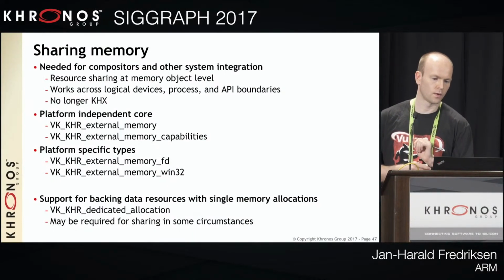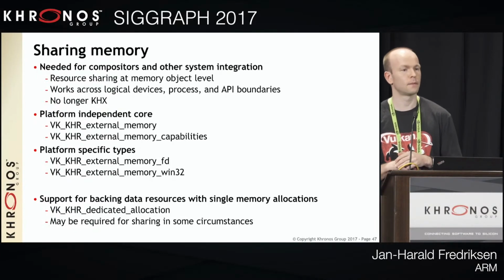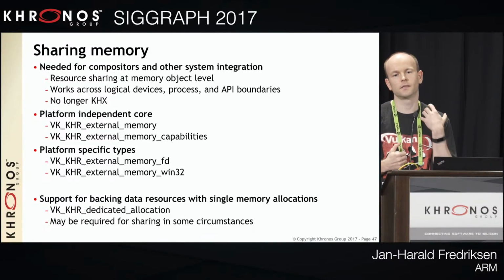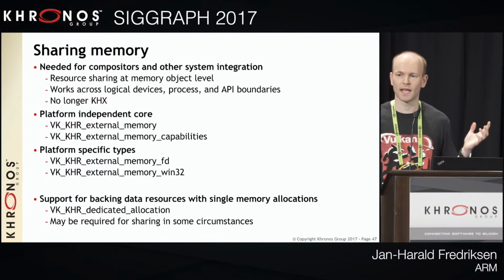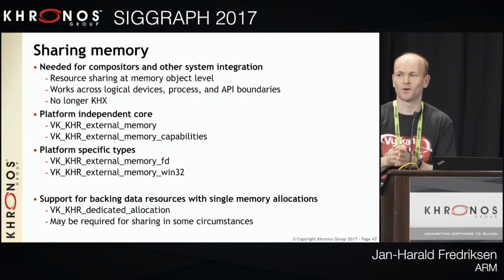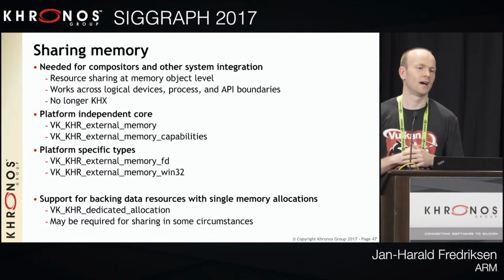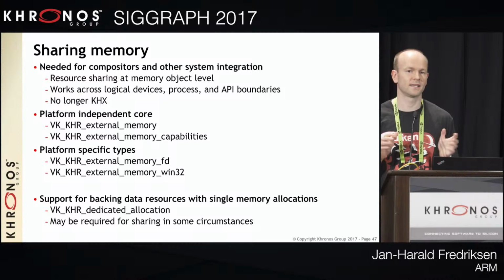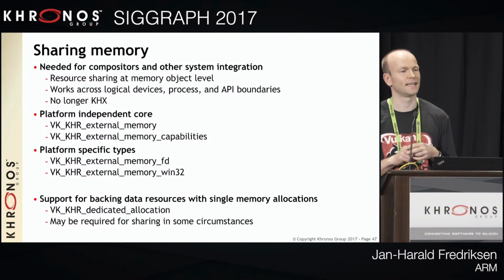And so one of the bigger things we've done in the past year is the memory sharing. In Vulkan 1.0, basically the only communication you had out of the API was that you sent something to the swap chain. And then there was no real way to get anything into the API or all the way out of the API. And that works fine for the basic gaming use cases, but for integrating it into systems, that's not really sufficient.